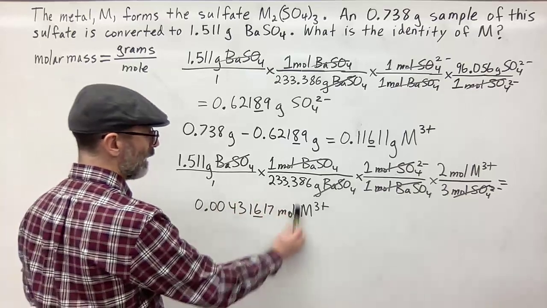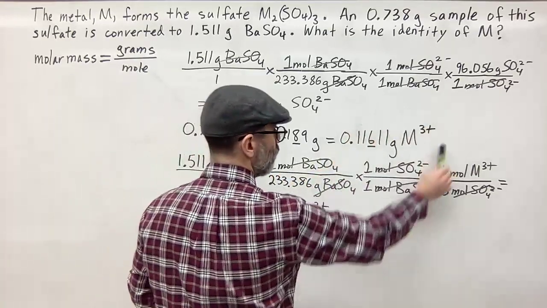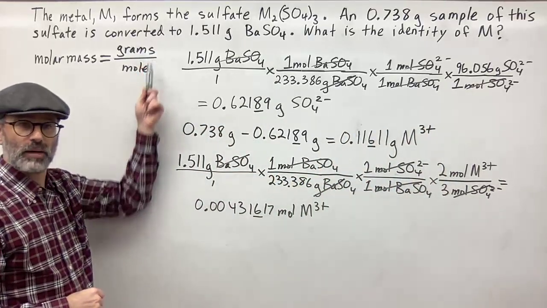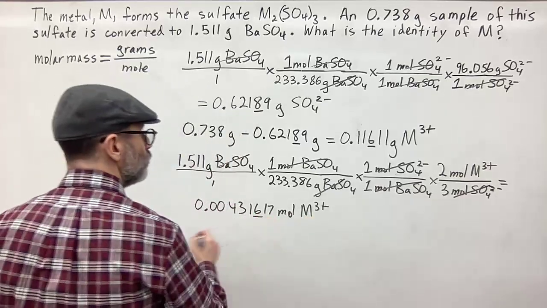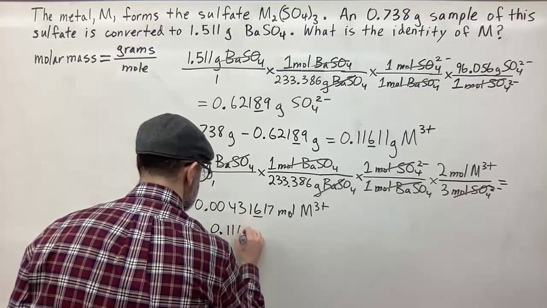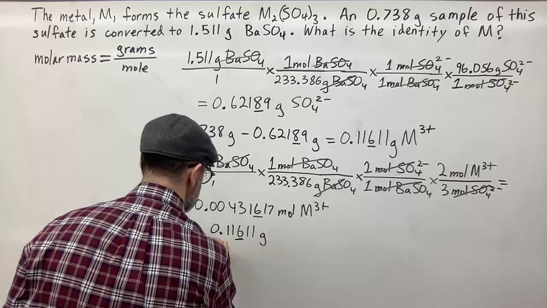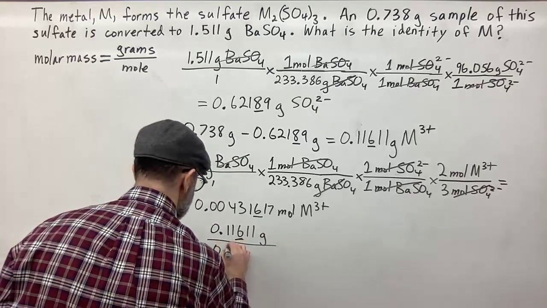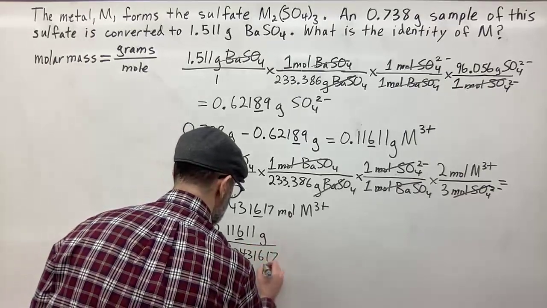So now look, I have moles of my mystery metal. I have the mass of my mystery metal. Now all I need to do is divide grams by moles and I get my molar mass. So let's go ahead and do that. So I'm going to take 0.11611 grams divided by 0.00431617.